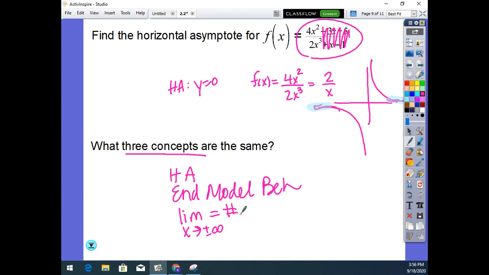And if this equals a number, y equals the number will be the horizontal asymptote, or the horizontal asymptote will be the limit. They all tie together. And this is super easy if you're just looking at the power function from the top and the bottom, and that tells you all of this. A lot of people don't make this connection.